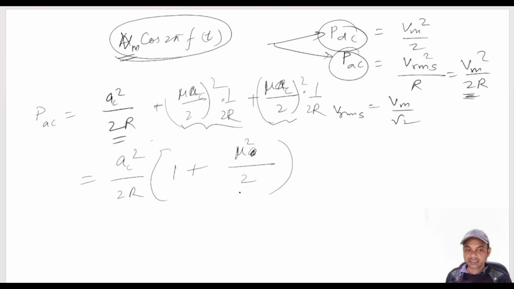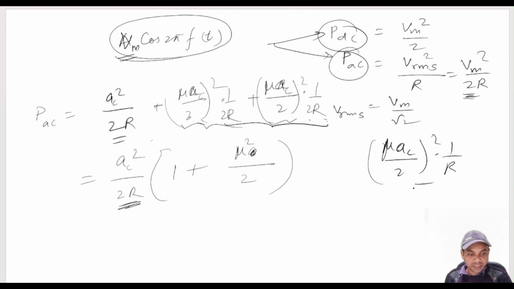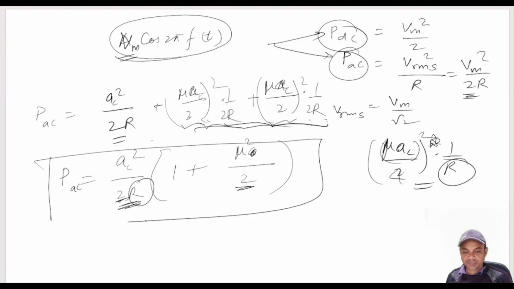I hope it is clear. Because 2R is already common out, and we are just adding the summation of these two terms. And this is actually 4, then 2 is already common out, so we are left with 2 only. This is our PAC expression.